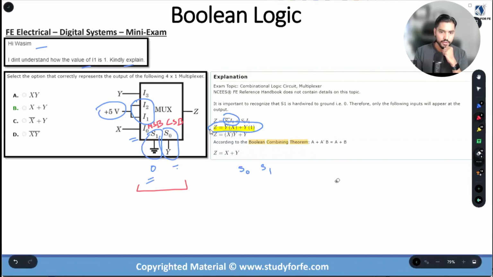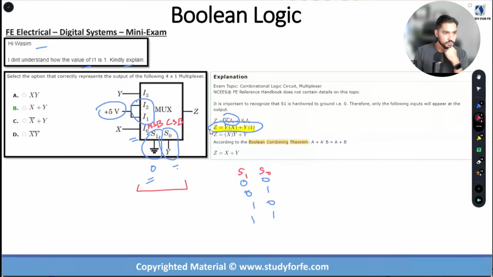So the way that I'm going to create the truth table is S1 and S0, right? So the four combinations when we have two inputs are 0, 0, 0, 1, 1, 0, 1, 1, correct? Which one of these are not possible for the case that we are looking at?